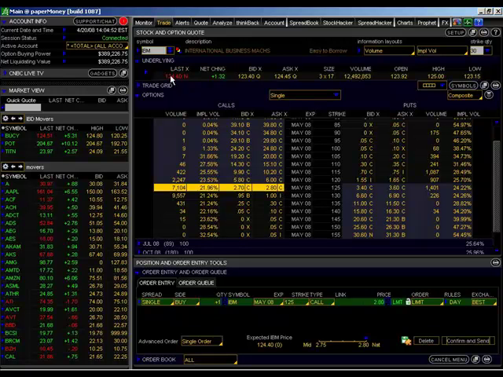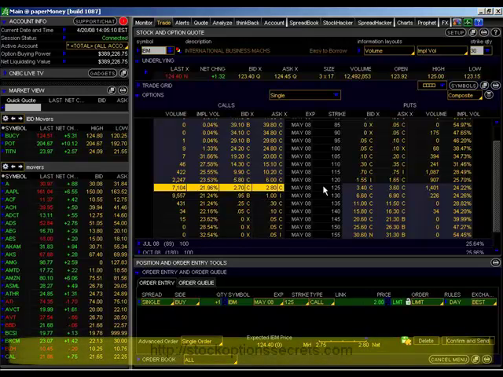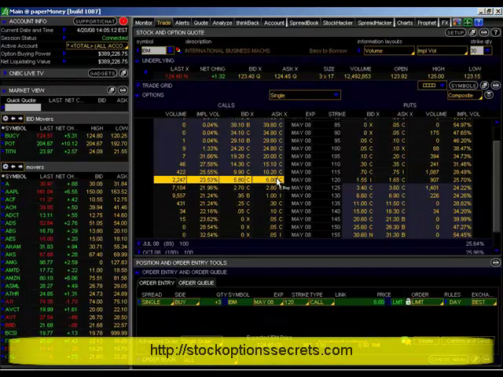So if IBM were to go up $5 tomorrow to $130, then more than likely all of these options will shift to a higher price. In other words, that 125 will now be in the money the same as this 120 is now, because there's still a $5 difference between the two.